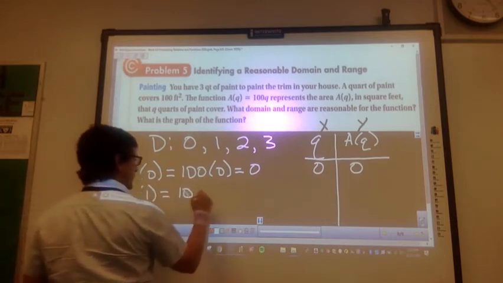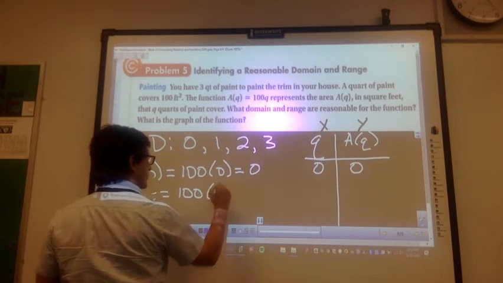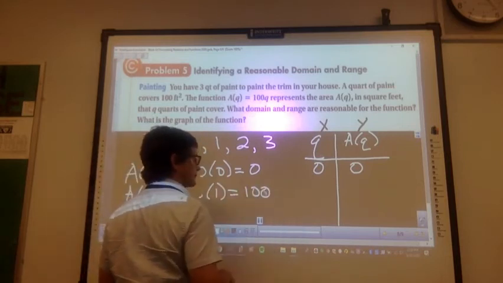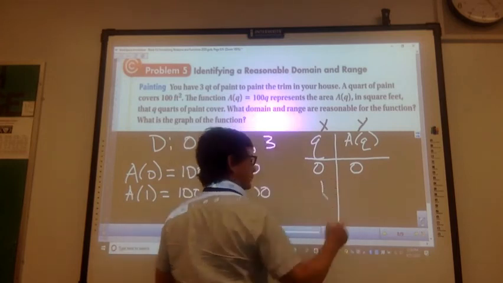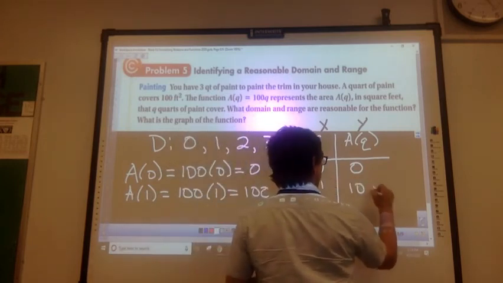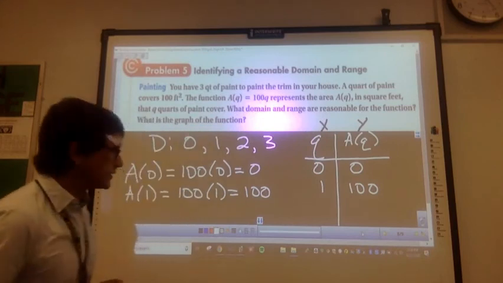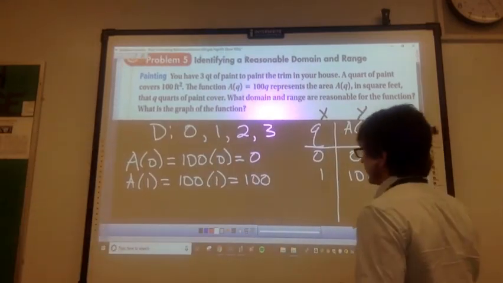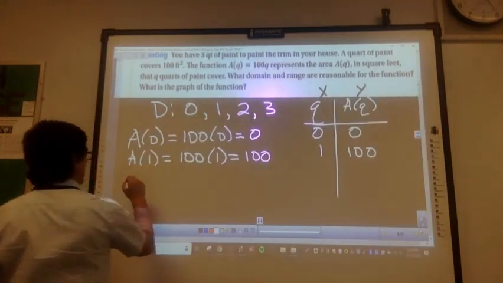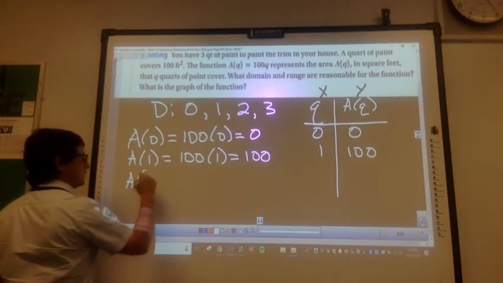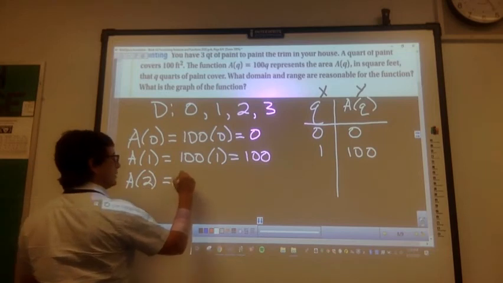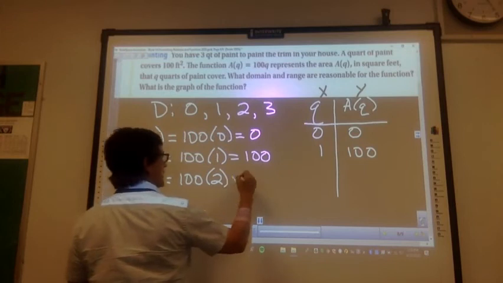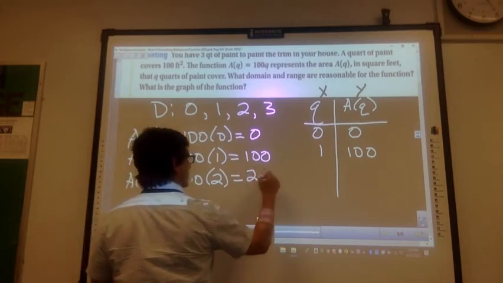So 100 times 1 equals 100. So when I plug in 1, the area covered is 100 feet. When I plug in 2, area covered will be 200 feet. 100 times 2 is 200.